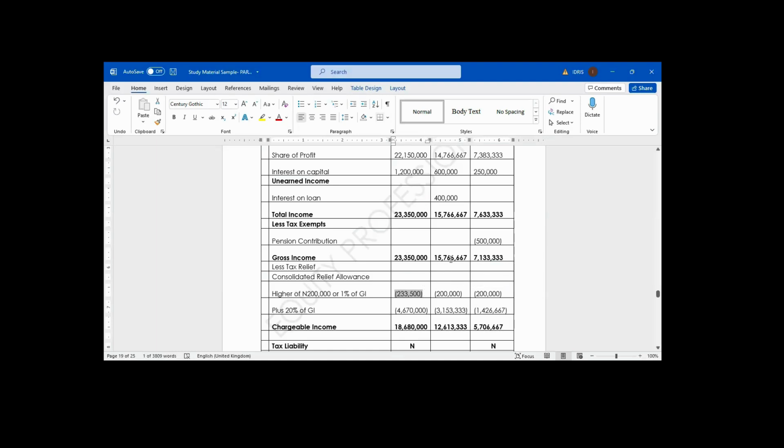For the other man, Sheyi, 1% of his gross income is 157,666.67. How much am I going to take? 200,000. Good. For Akpan, 1% of his gross income is 71,333.33. I pick 200,000.